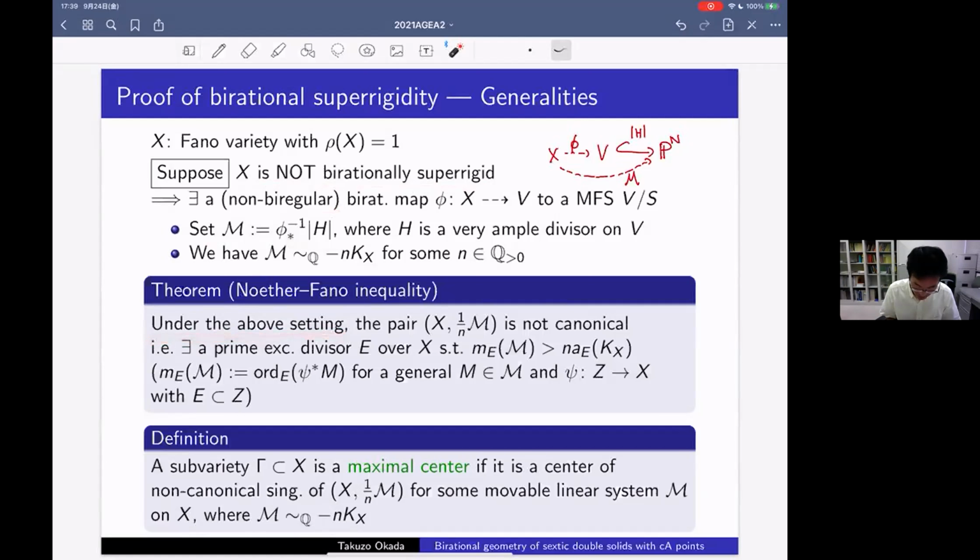Under the above setting, so X is Fano with Picard number 1, and assuming that it is not superrigid, this pair X, with the boundary being the movable linear system divided by this number n, is not canonical, where M is a general member.